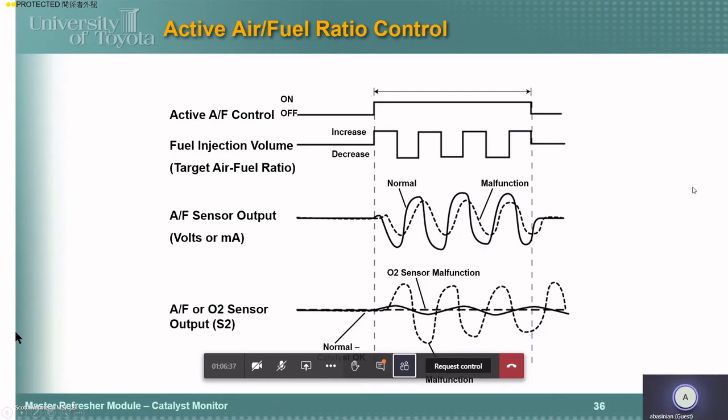So when the ECM sees that the conditions are favorable for running this test, it goes into what is called an active air fuel control test. And you can see this as a parameter on TechStream. So as the fuel injection volume is increased and decreased, right? Up is increased in this case, down is decreased. You can see where below that the AF sensor is corresponding in kind.